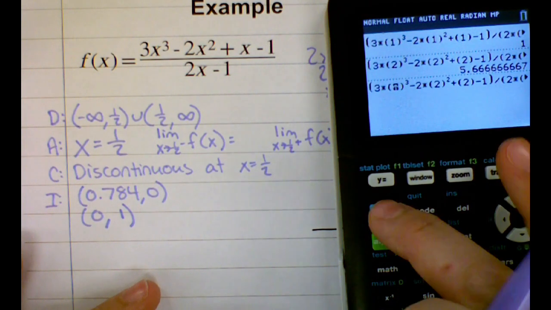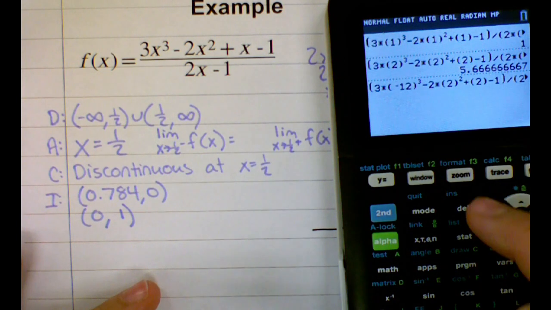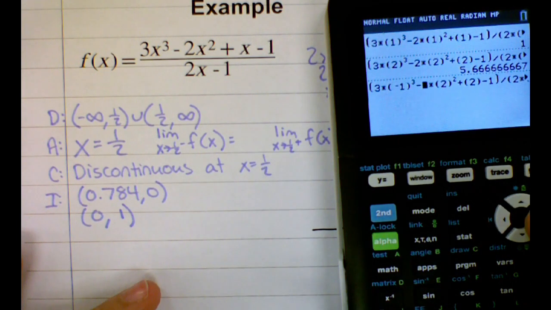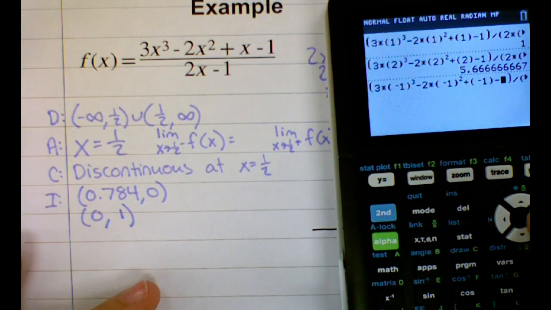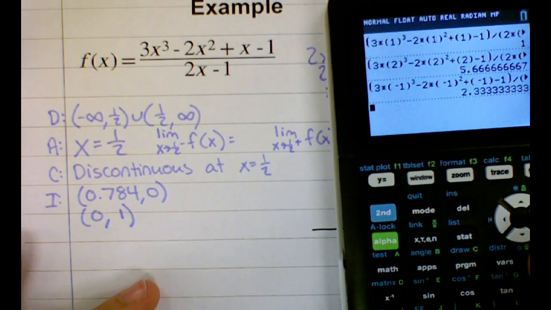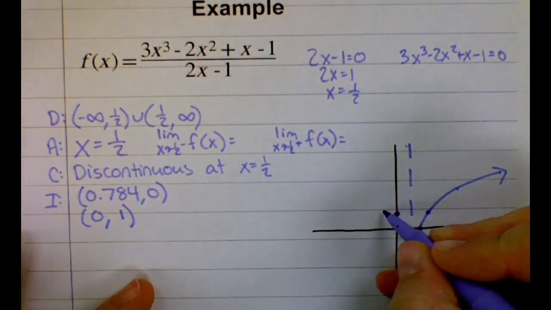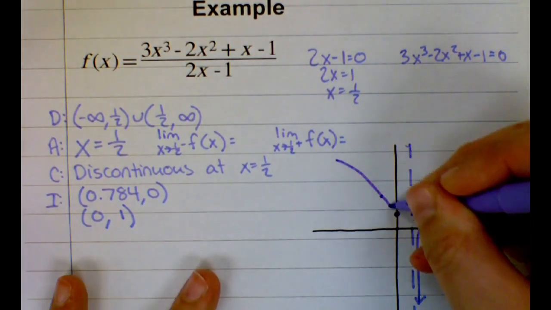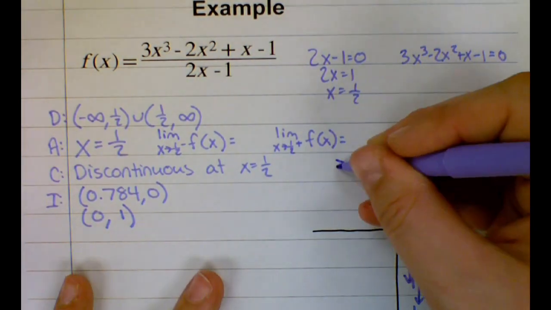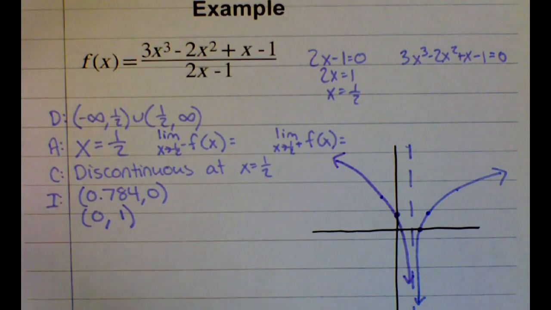Oops. 2.3. There's 1, so it's up here. All right, this piece looks like it's gonna go like that. Let's check the graph just to be sure.